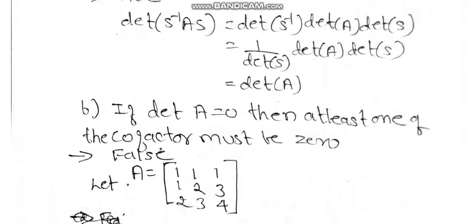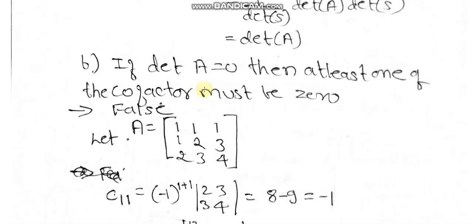Moving on to: if determinant A equals 0, then at least one of the cofactors must be 0. I have taken an example: 1, 1, 1, 1, 2, 3, and 2, 3, 4. So what will be the determinant of this? The determinant will automatically be 0, because just check this.